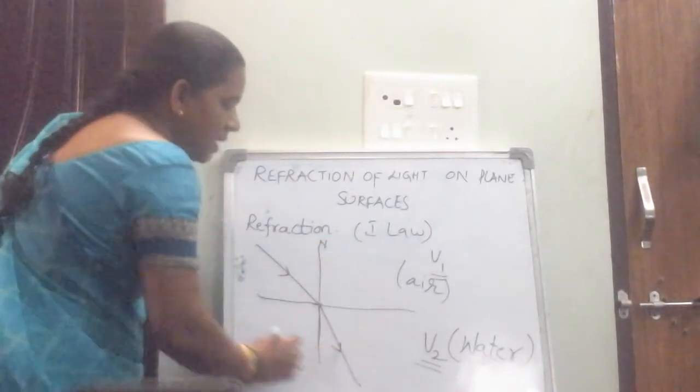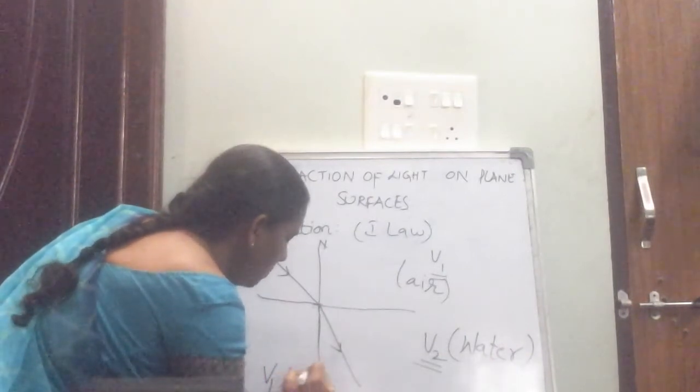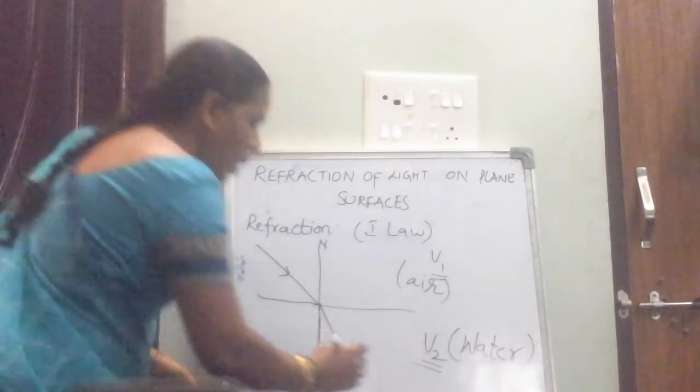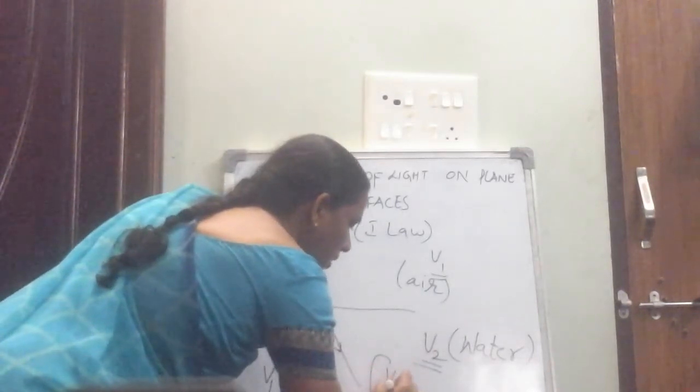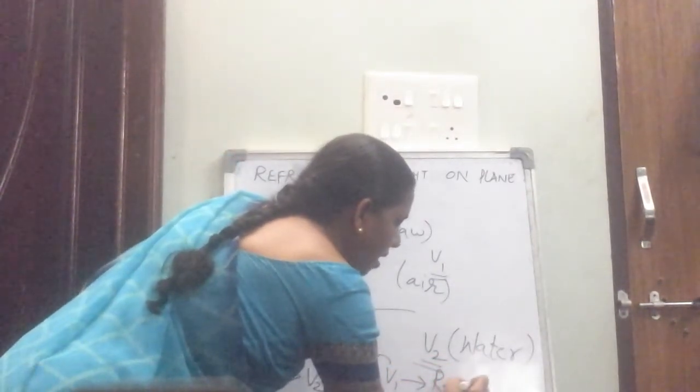When does this type of figure occur? When the velocity of the first medium is greater than the velocity of the second medium, then the v1 medium we call a rarer medium.